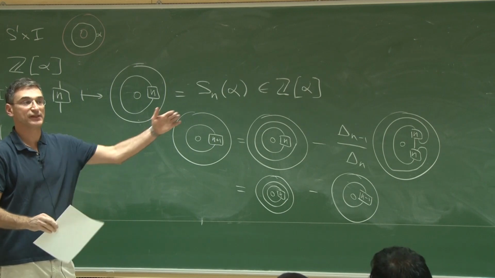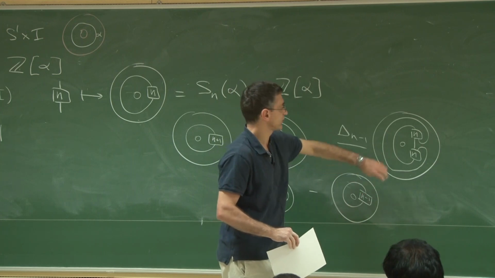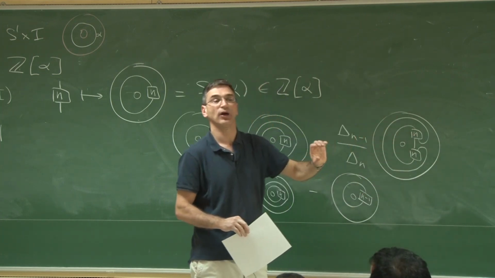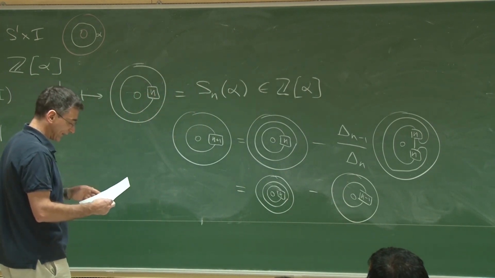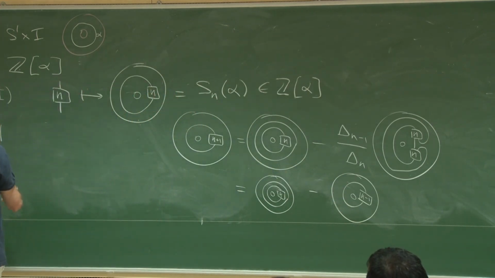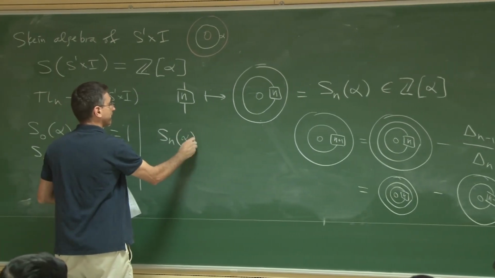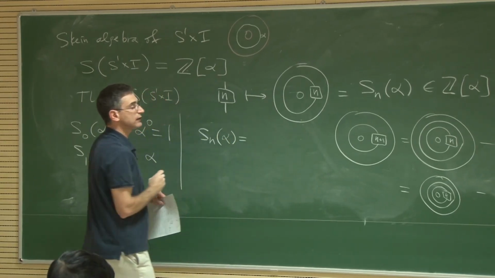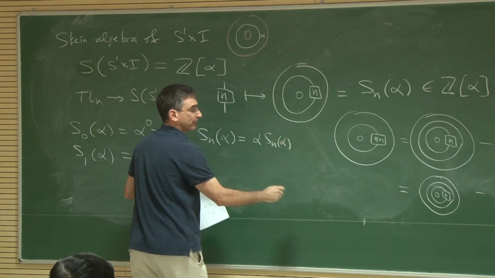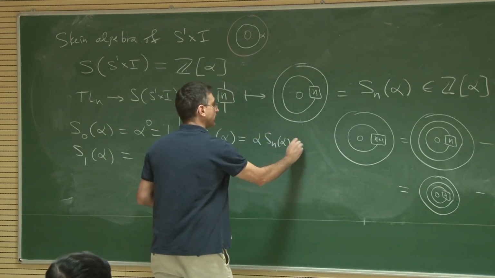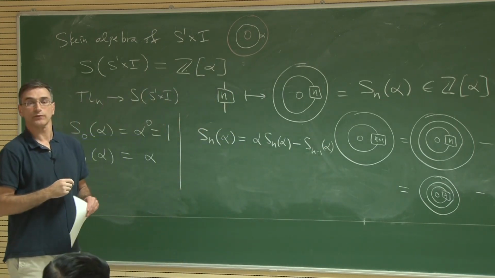This is a step that requires some computation, so I'm skipping a computational piece. There are some identities, and you're using the idempotent property. So what that tells you is that Sn of alpha, this fellow, is equal to alpha times Sn alpha, which is that guy, minus Sn minus 1 alpha. So that's the identity.